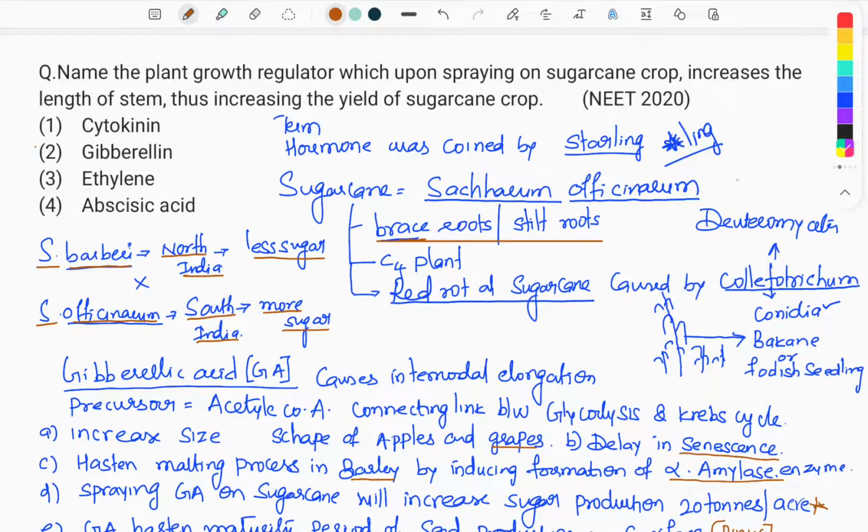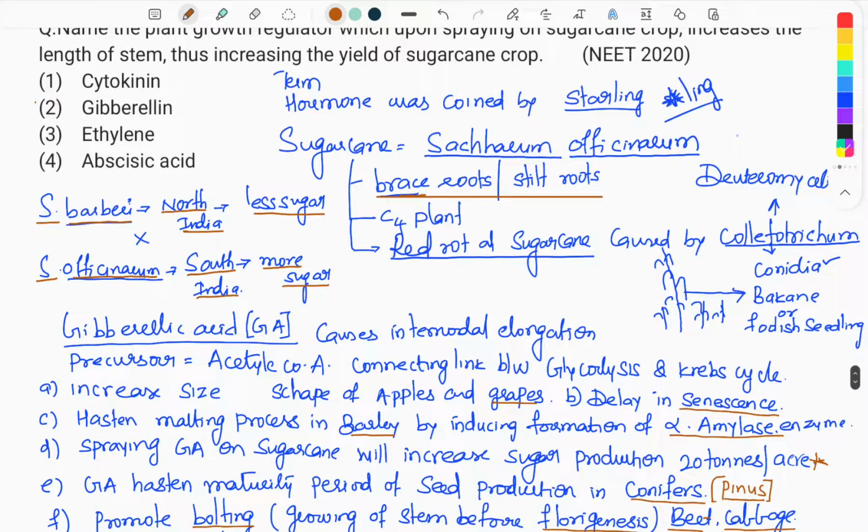Now let's know the physiological functions of gibberellic acid. Historically, it was first discovered in Japan. We should enter into the paddy fields of Japan.